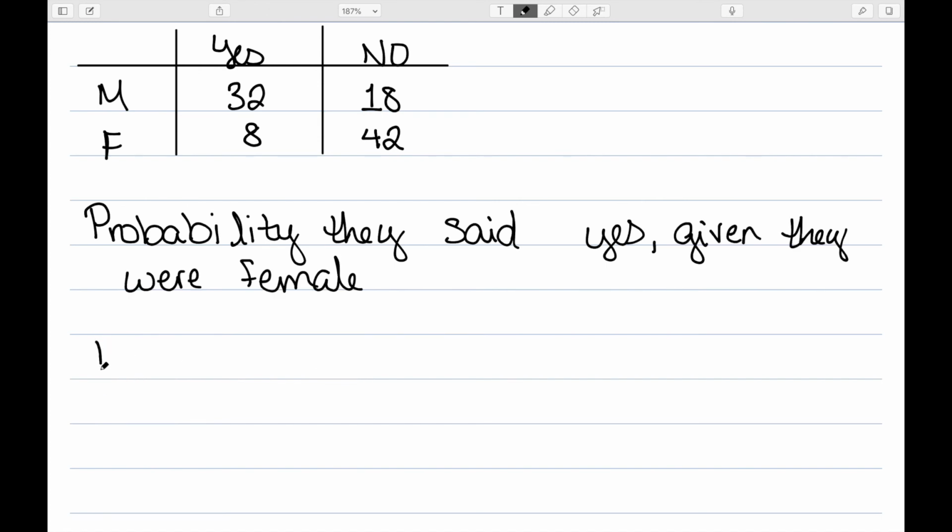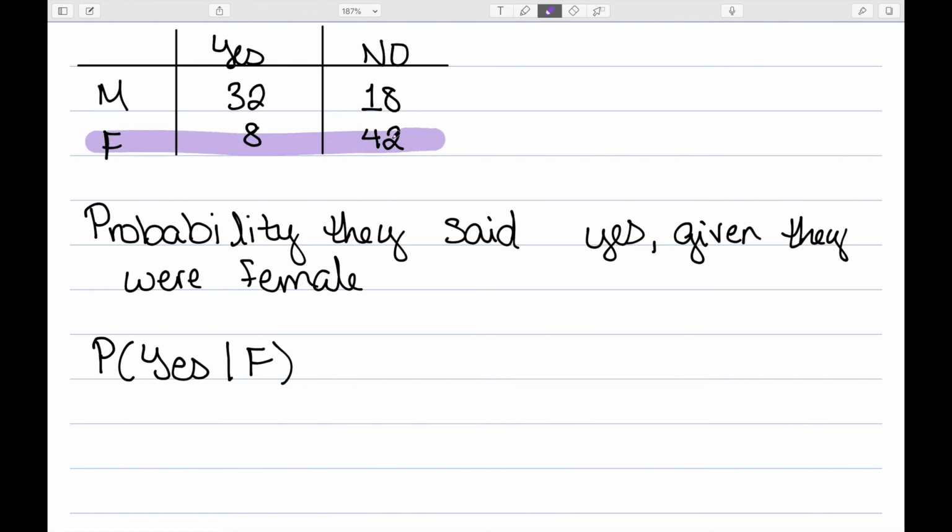Now let's look at the probability that we selected someone at random, and they said yes, given that they were a female. So we know that they were a female. So we know we are considering these people right here. And so with a table, we don't have to use our formulas for conditional probability. Instead, the fact that I know they were female means I'm going to ignore everything in the table but this one row. The chance they said yes was 8 out of a total of 50 females, so 8 out of 50.